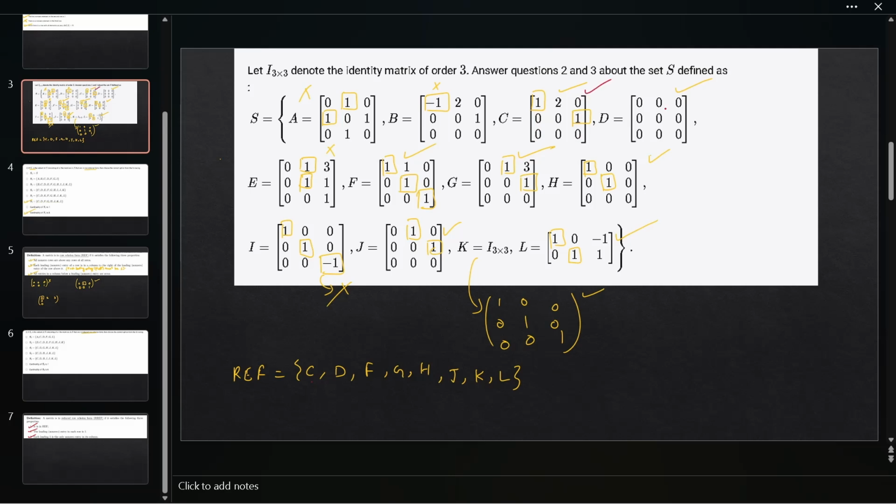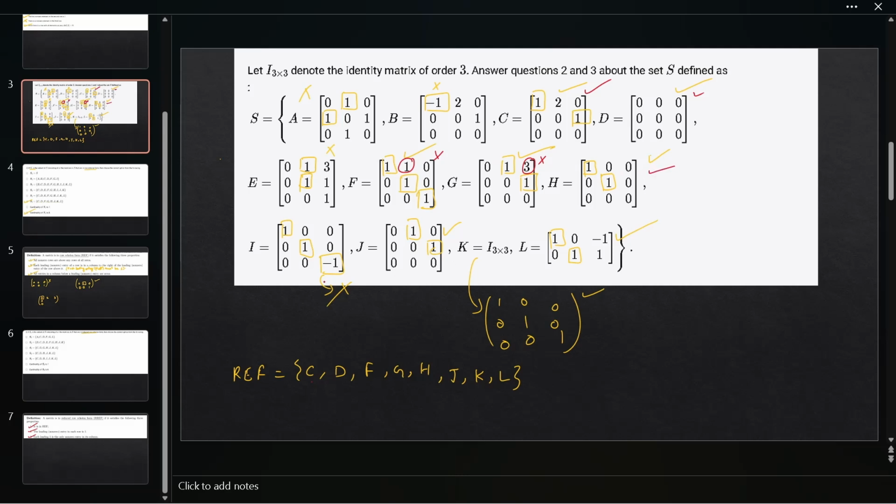So it is in RREF. This is also in RREF. This is not in RREF because the entry above the leading entry 1 is not 0. Here, this is also not in RREF form. Why? Because the entry above the pivot is non-zero. So it is not in RREF.